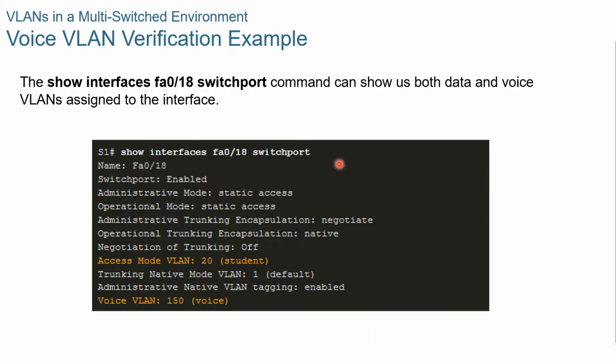Voice VLAN verification example. In the example output of the show interface FA0/18 command, the highlighted areas show the interface configured with a data VLAN, VLAN 20, and a VLAN configured for voice, which is VLAN 150.